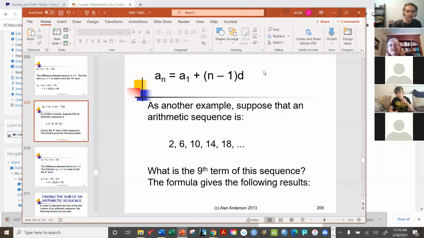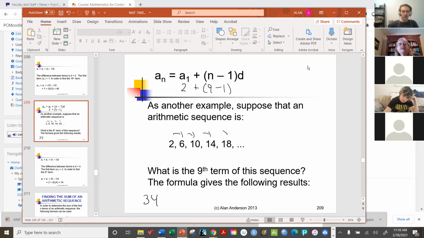So we got a couple of 34s. That sounds like it just might be the right answer. Let's see why. All right, so A1 is 2. N is 9 because we're looking for the ninth term. And the common difference, as you can see, is 4. Let me write that down here somewhere.